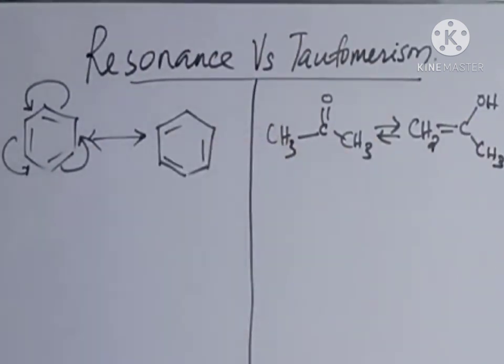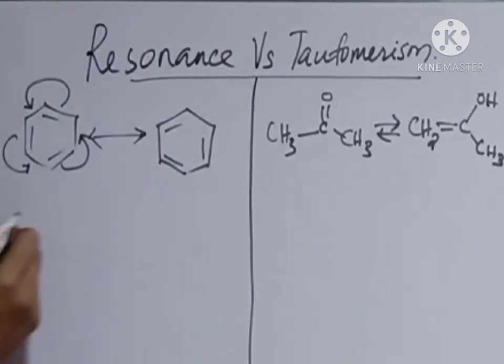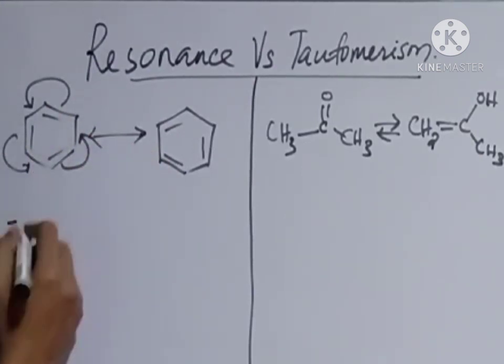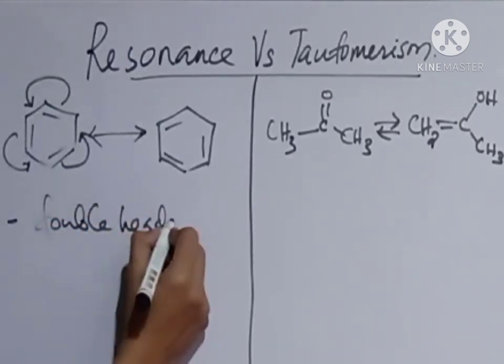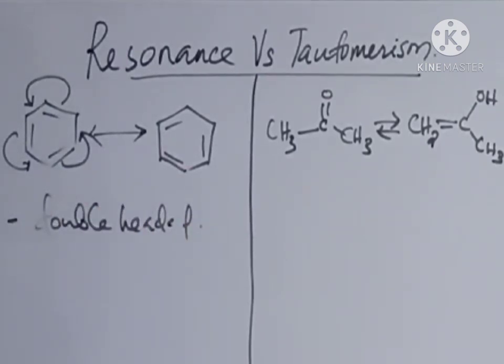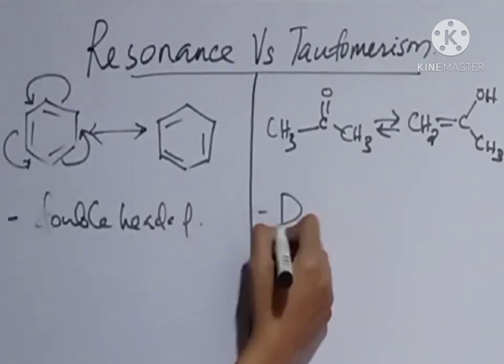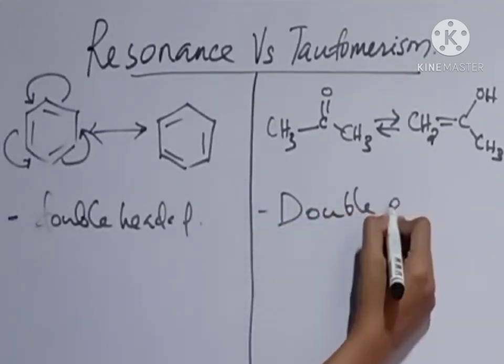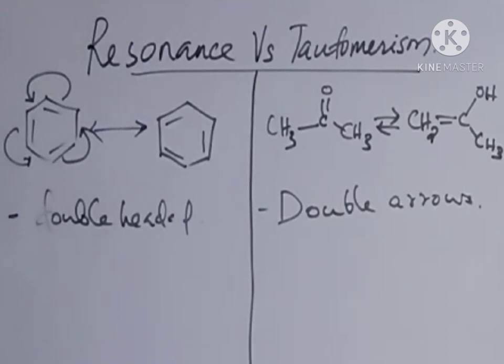By simply looking at these structures, we can easily say that resonance is represented by placing a double-headed arrow in between the resonance structures, and in tautomerism we use double arrows. Actually, that is not the real difference between tautomers and resonance structures.